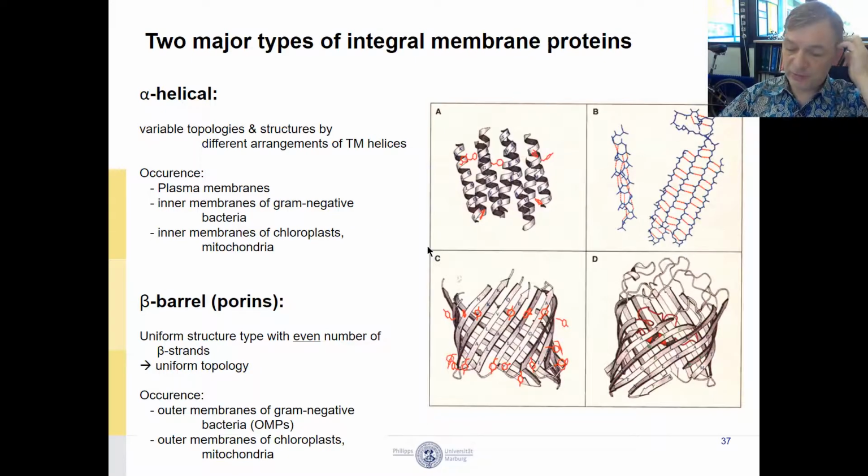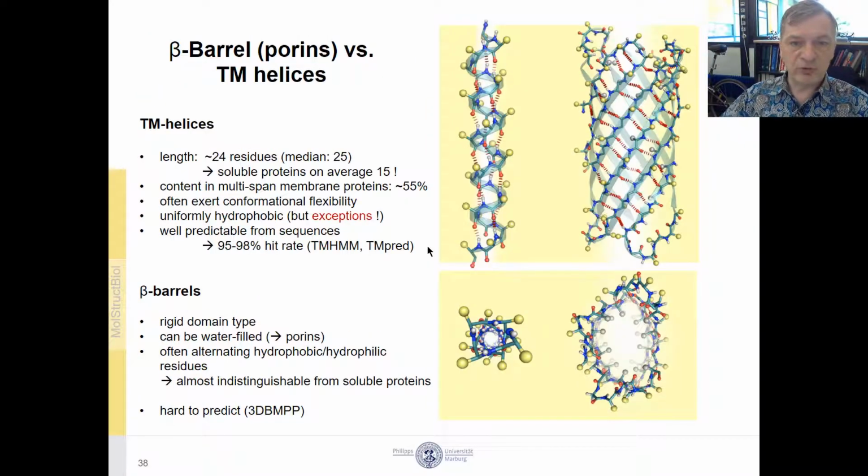At least those have to move which are forming transporters, which have to change their conformation, or which are part of a signaling protein like rhodopsin or a G protein coupled receptor. They are able to move the helical segments in the membrane, depending on the state in which they are. So conformational flexibility is possible here.